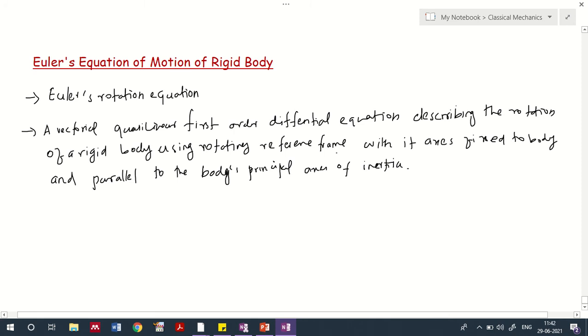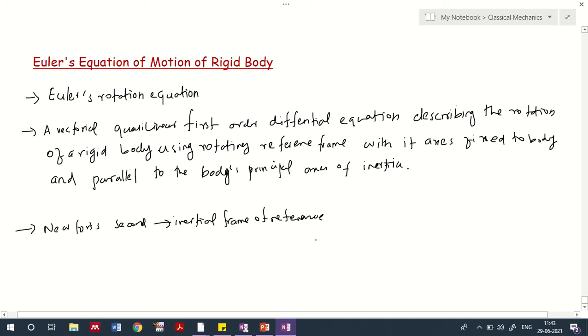Normally we use Newton's second law in an inertial frame of reference, so that equation we cannot use for a rotating frame of reference. We know Newton's equation of motion as well, but here we are not considering it in detail.